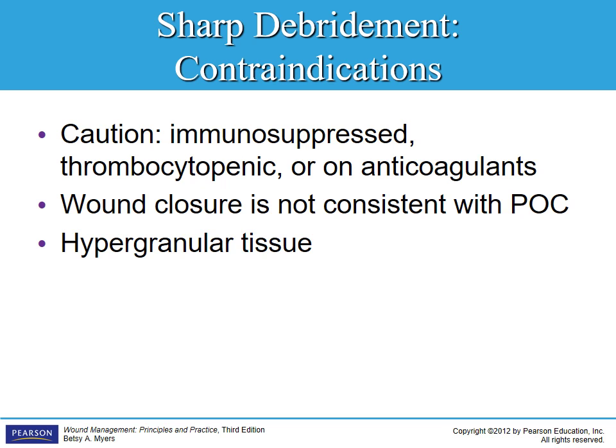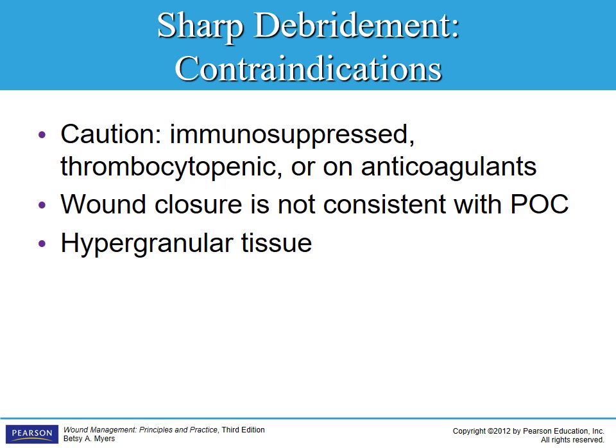Now, I have done sharp debridement on quite a few people on anticoagulants, but you have to be very, very careful and judicious in the amount you do. You're not going to go in there and start slashing everything. You're going to do very small amounts at a time, because you do not want to cause a large episode of bleeding because this person's on an anticoagulant and you've over debrided them.